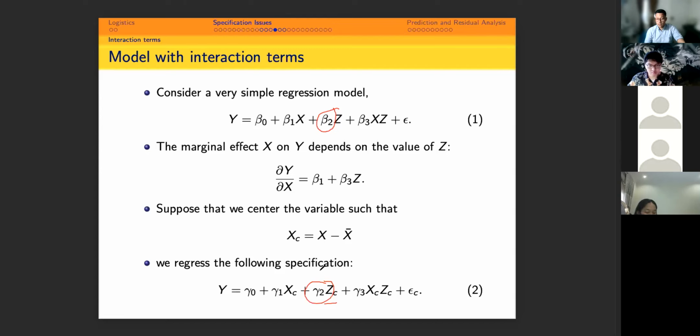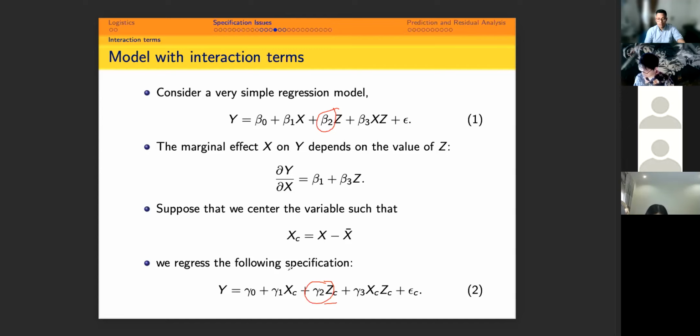What about the interpretation of gamma 2? So the interpretation of gamma 2 is the marginal effect of a unit increase in z when x is at its mean.